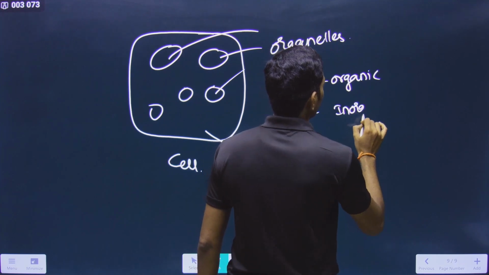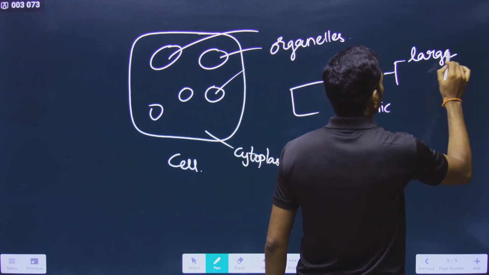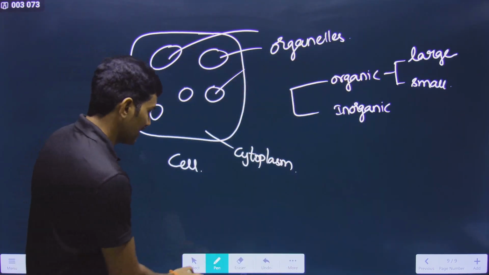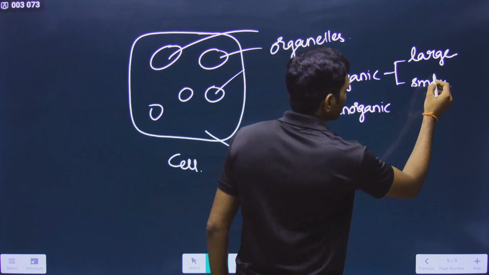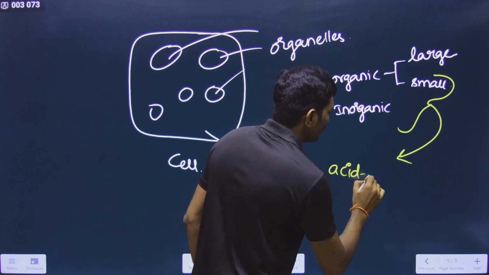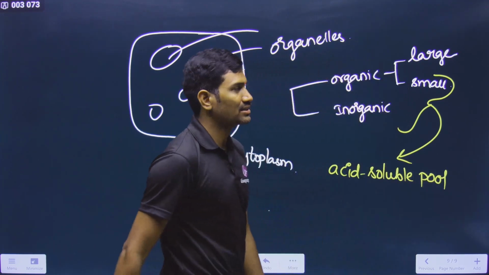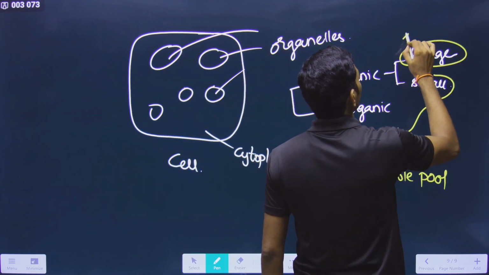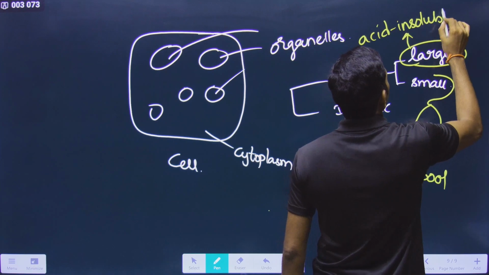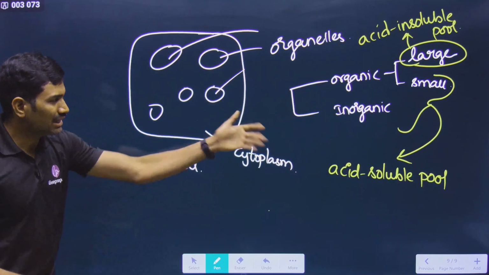And in the organic also, organic large molecules, organic small molecules. Yes or no? And out of this, small organic and inorganic, all these we are getting in the acid soluble pool, or acid soluble fraction. But the large organic molecules we are getting in the acid insoluble pool. Okay. This is what with the original concept we already studied.